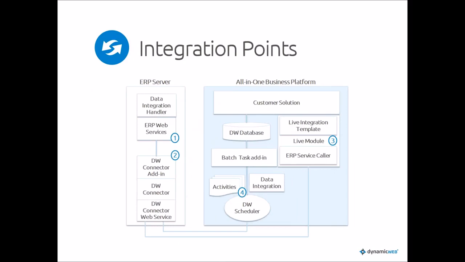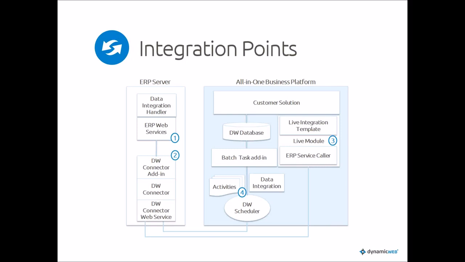The integration framework supports a number of integration points that you can adjust to your own needs. On the ERP side, these points are within the ERP system itself, that is number one here on the presentation, or it's on the connector part, and that's the small Windows service that facilitates the communication between Dynamicweb and the back office system.